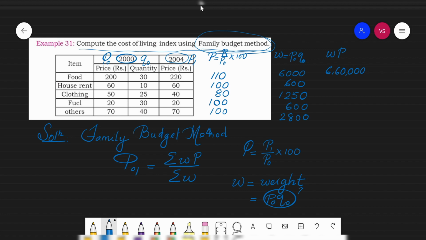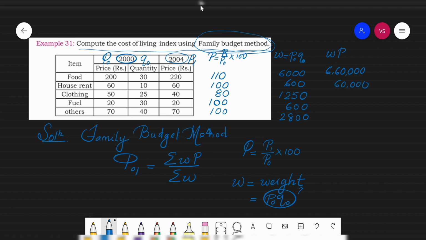Then we have 600, 100 into 100, students, is equal to 60,000, and this is what we need to write as 60,000.